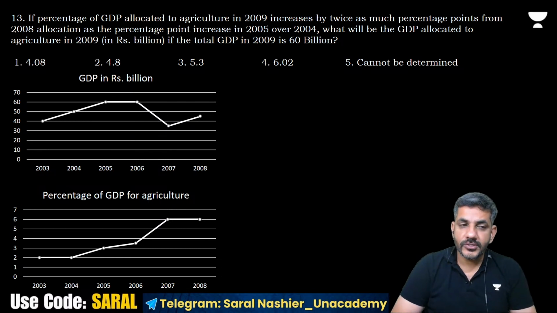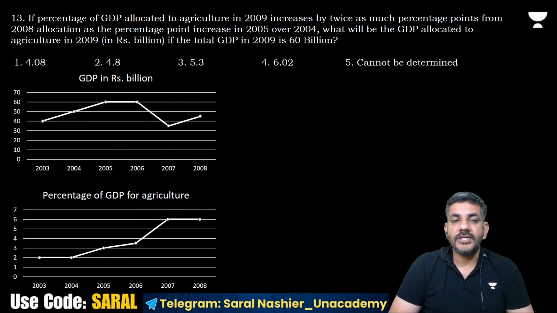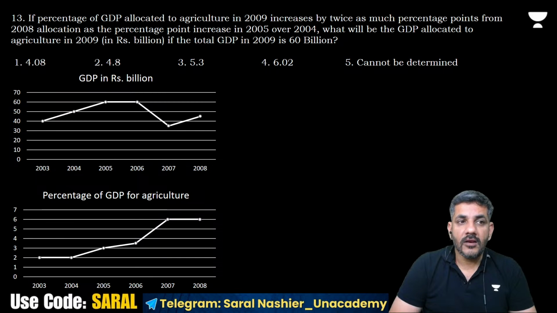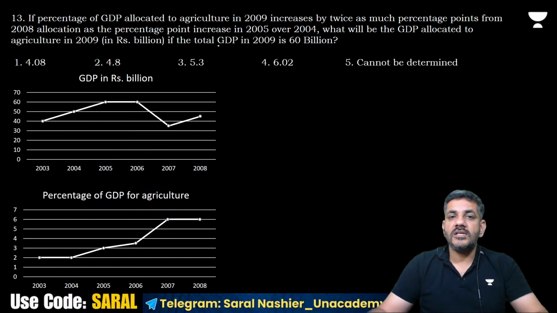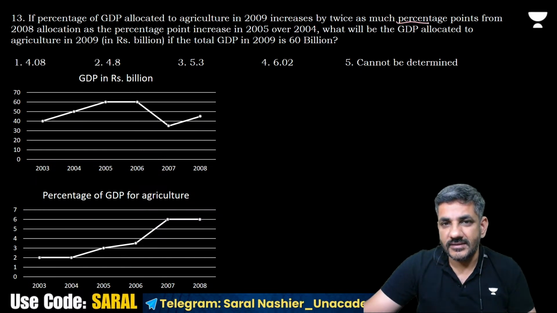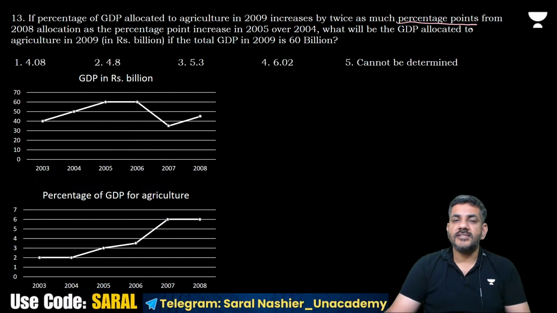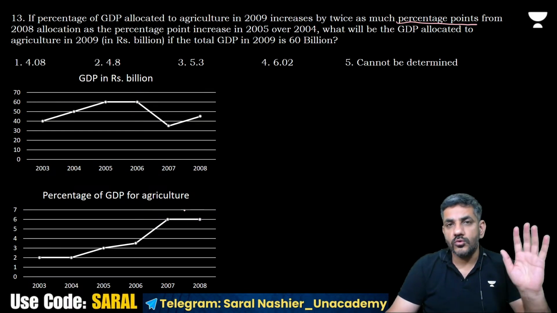Let's start reading it together. If the percentage of GDP allocated to agriculture in 2009 increases by twice as many percentage points from the 2008 allocation as the percentage point increase in 2005 over 2004. Now, what is a percentage point increase? It is the direct difference between the two percentages.